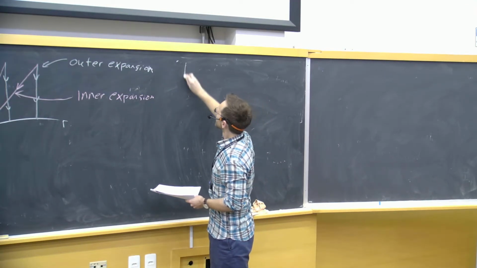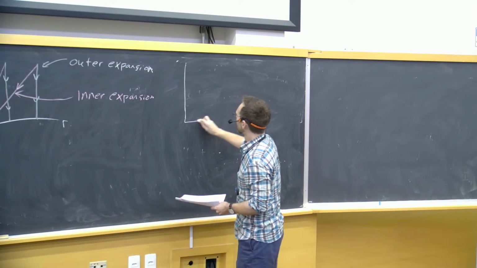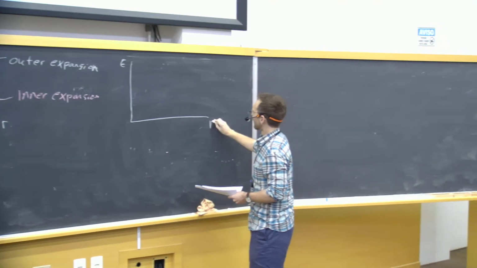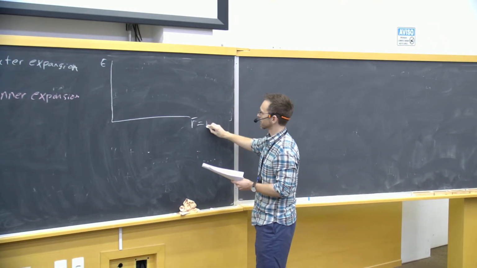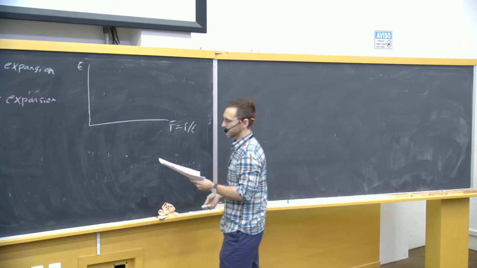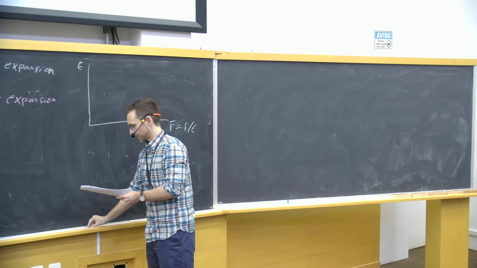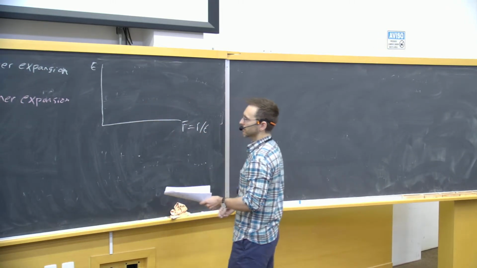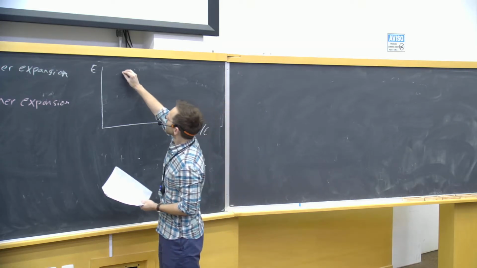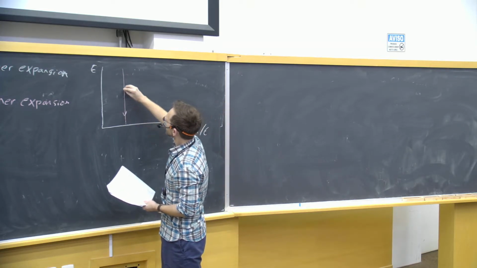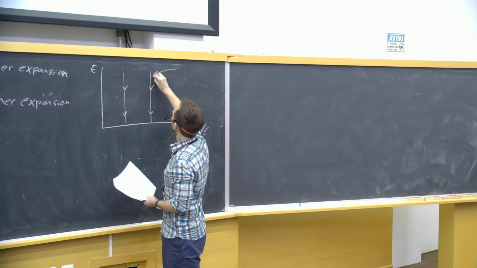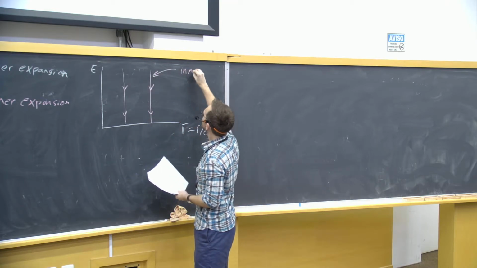You can also draw the same picture in the epsilon, r bar plane, where r bar was r over epsilon. So in this case, the inner expansion is epsilon goes to 0 at fixed r bar. So that's curves going straight down in this plane. It's the inner expansion.